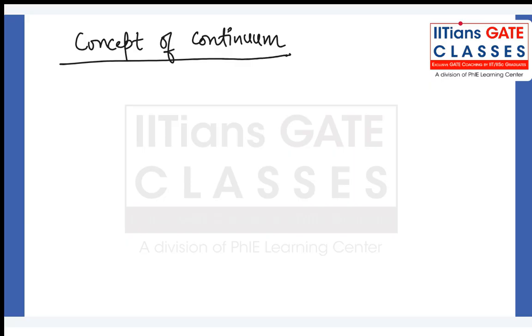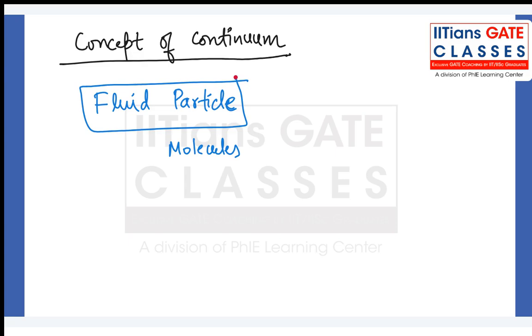See, there is a word which I will use again and again: fluid particle. Then there are words which are called fluid molecules. This fluid particle, please do not understand it as a single fluid molecule.